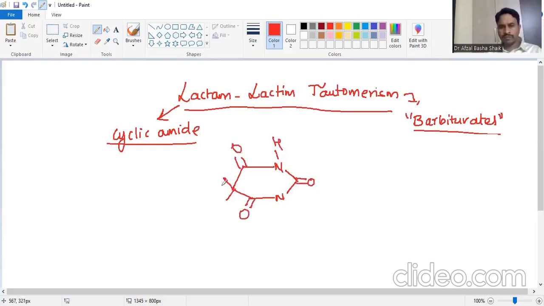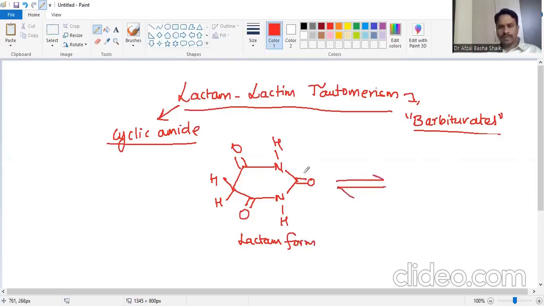Here you see, these are the active hydrogens. So this is the structure of barbiturate. This is in lactam form. If you see this portion, it is a cyclic amide, right? So this is barbiturate in lactam form.